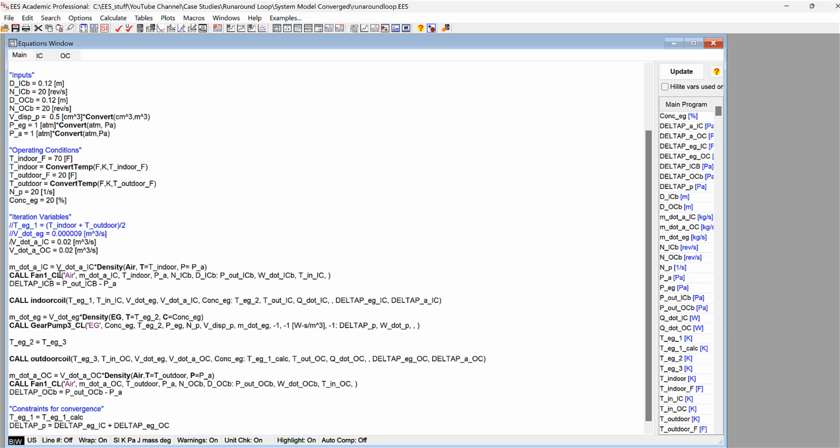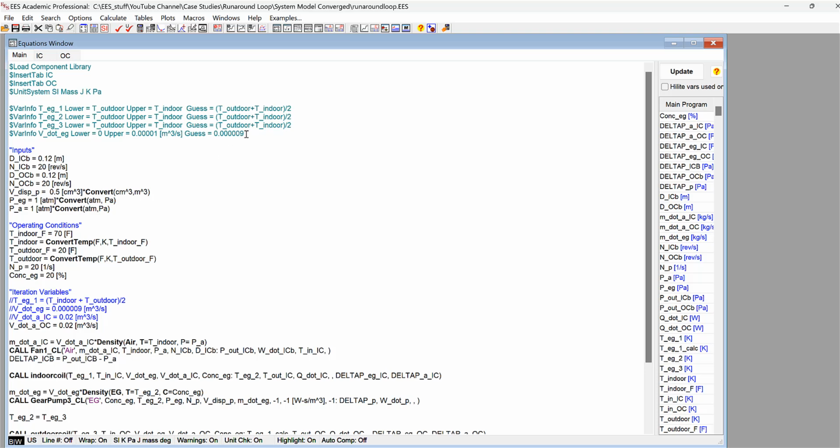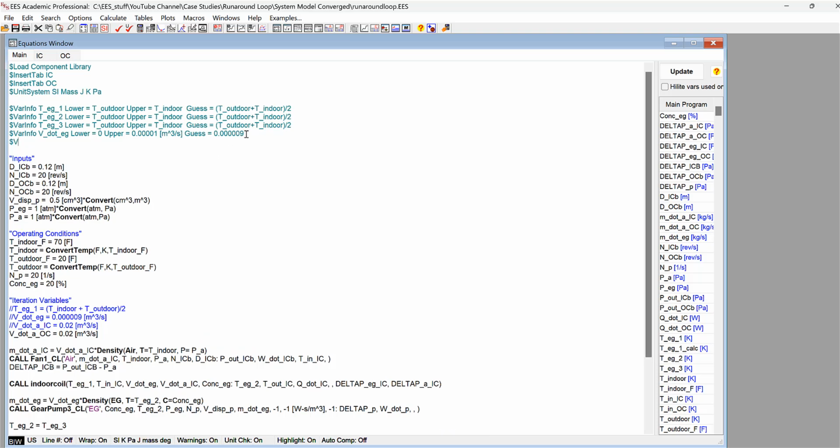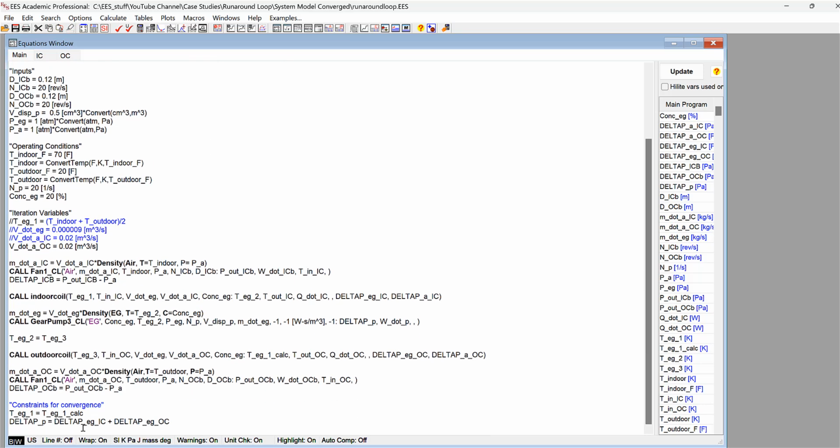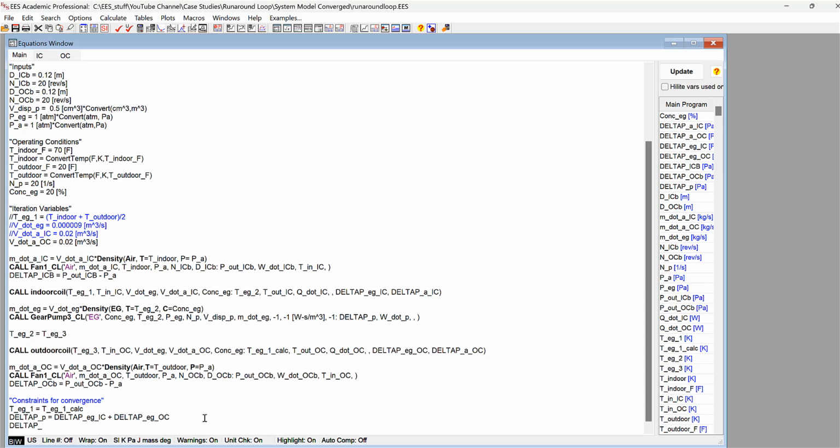This is the airflow on the indoor air coil. So I'll go up here and say $var info v dot AIC. Lower is 0, upper is, I don't know, 0.05. It's probably too big, and the guess is equal to 0.02. I think I'm going to get rid of these units, because I'm not sure that they really should be there. So I come down here and add another constraint, which is that the delta P on the indoor air coil.